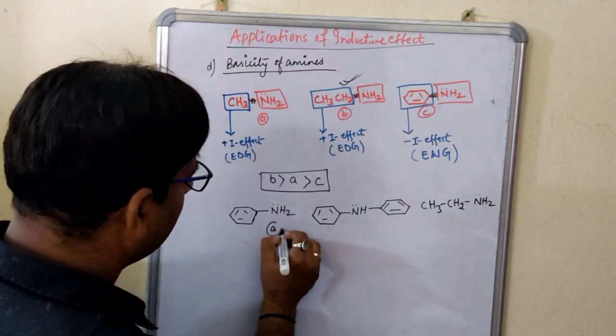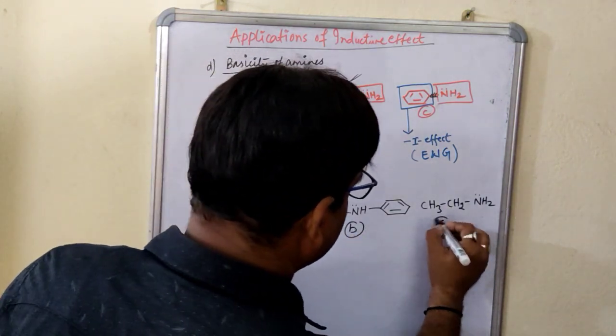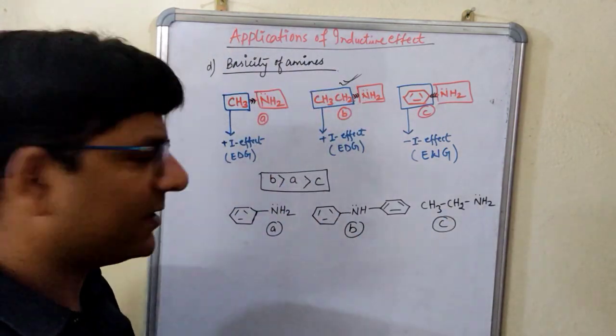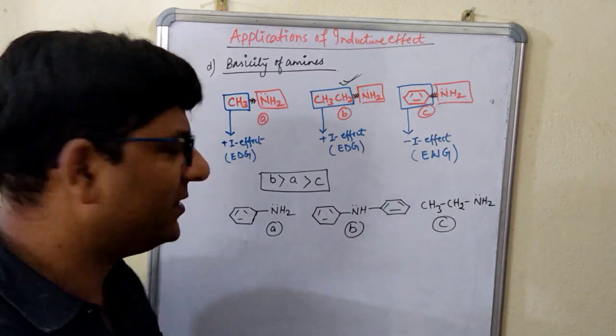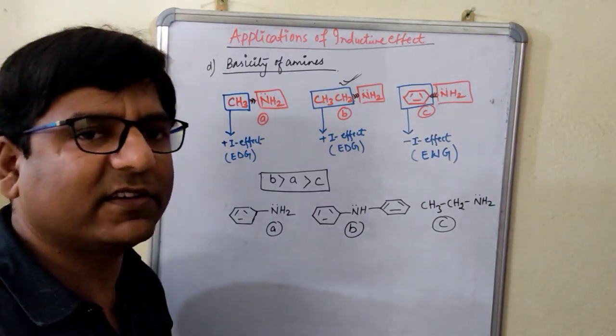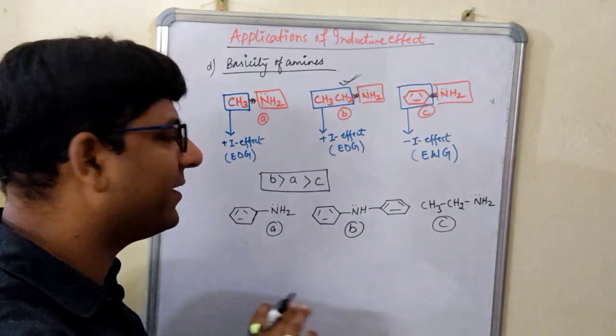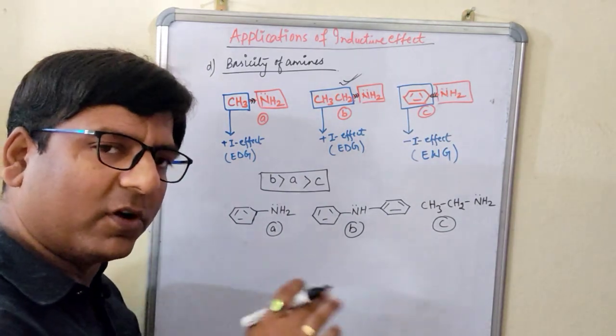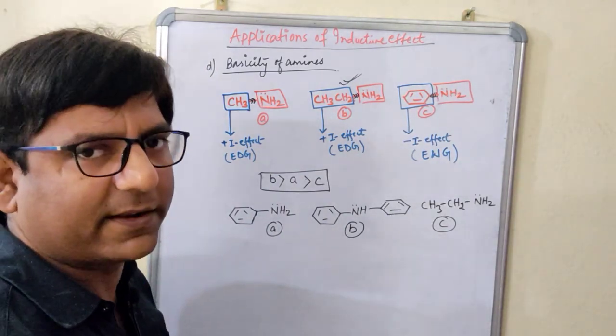Now this is A, this is B, and this is C. Now the question is, among these A, B and C, which is the most basic and which is the least basic? So you need to arrange them, starting from the most basic towards the least basic.